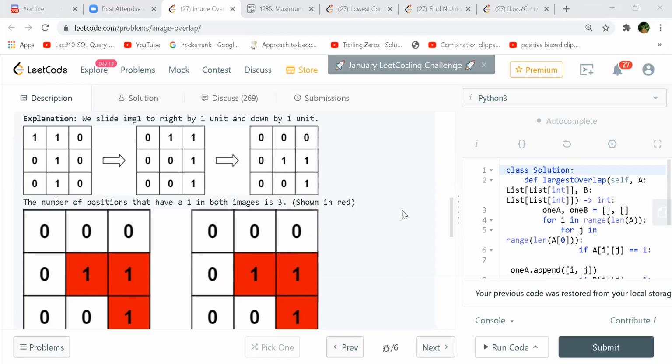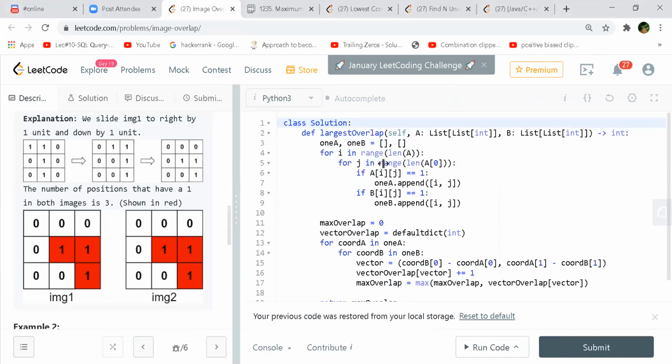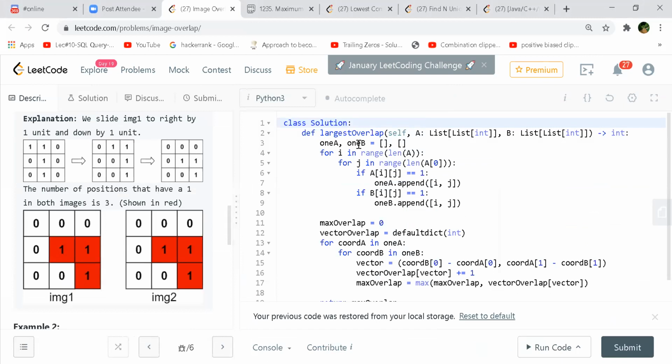I'm saying wherever you have seen ones in your matrix, you take for the image one array all the places where the one is present.